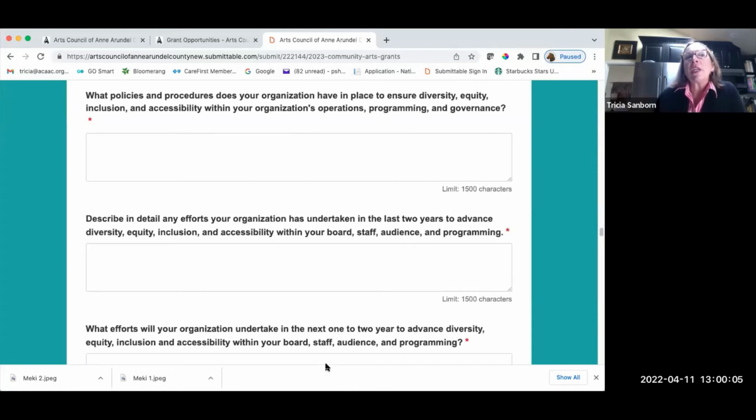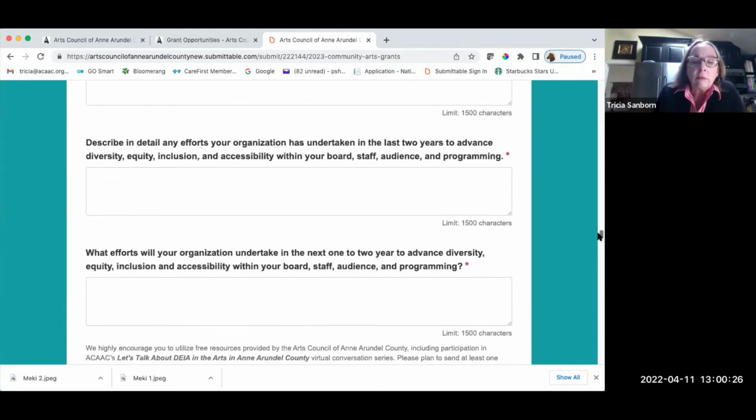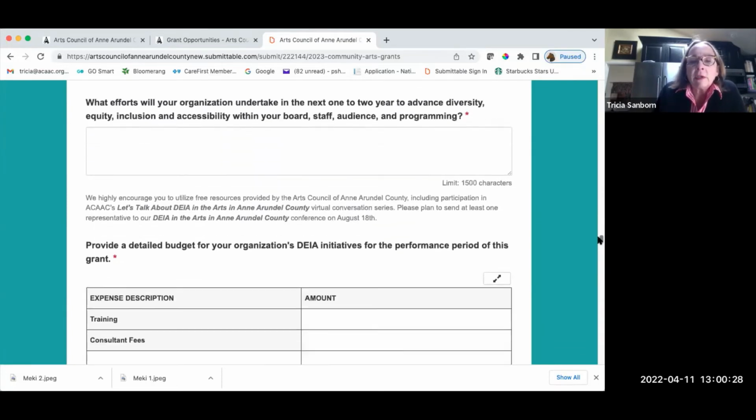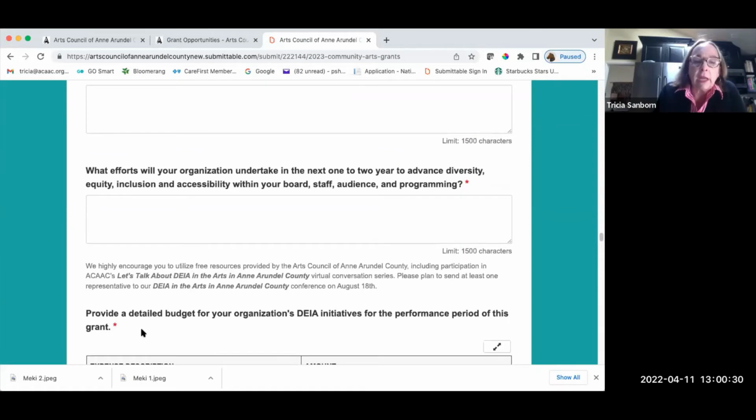There is no reason that cost has to be an issue in terms of advancing DEIA in your organization. We welcome your board members, your staff, your volunteers, your audience to participate in all of these calls and the event on August 18th. So here you go. Here's your reminder. I can't plug it enough.